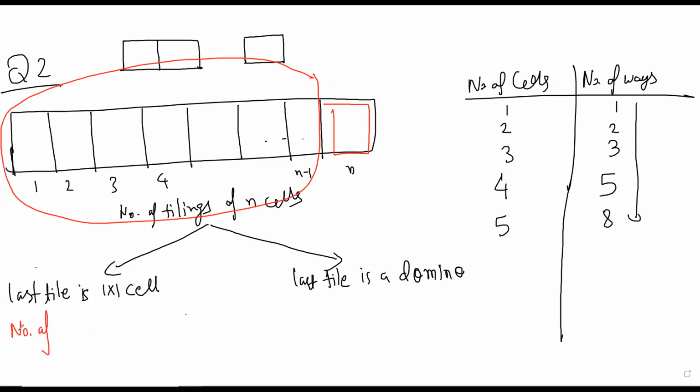We don't know the answer. It doesn't tell us the answer, but it tells us how it relates to a smaller case. So that is the number of tilings for n minus 1 cells. And similarly, for the domino case, it will be the number of tilings for n minus 2 cells.